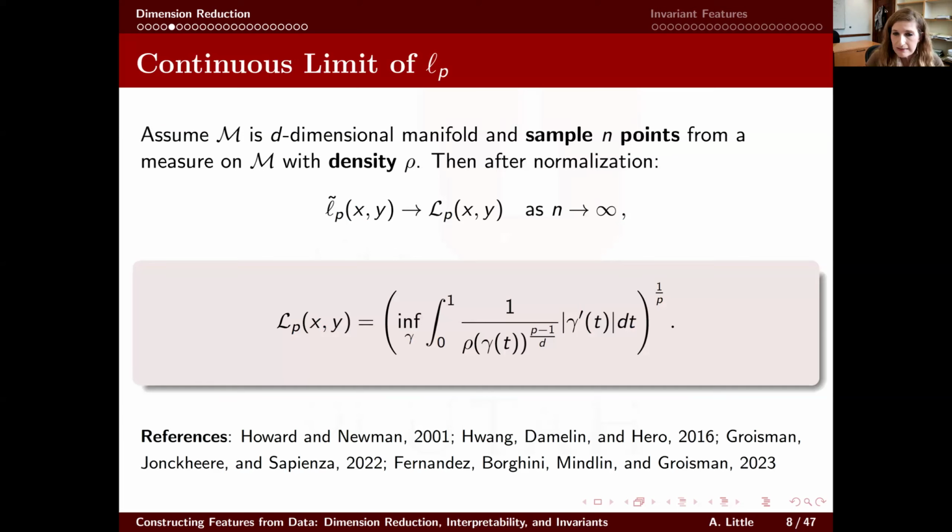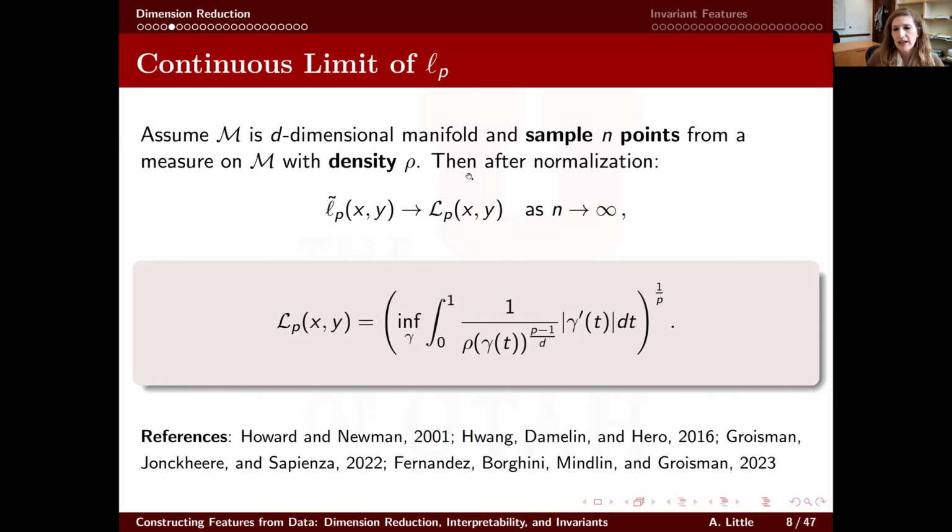Okay, so the density of the underlying data is clearly having an impact here. And this can actually be made very precise by thinking about what is happening in the limit as the number of data points goes to infinity. In particular, we can think about some underlying geometric structure, which we'll model as a d-dimensional manifold, and assume that we have data sampled according to some density function rho.